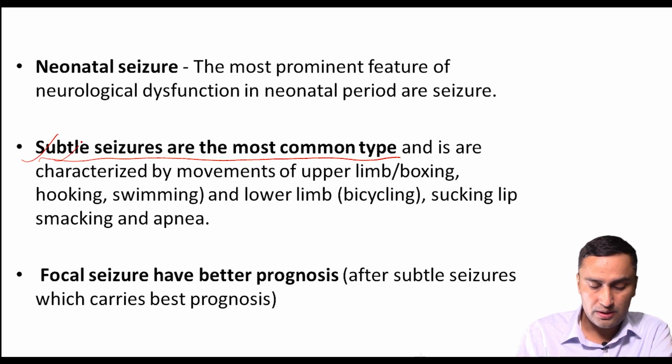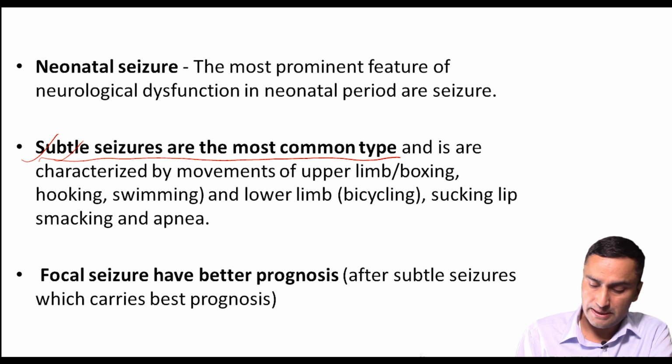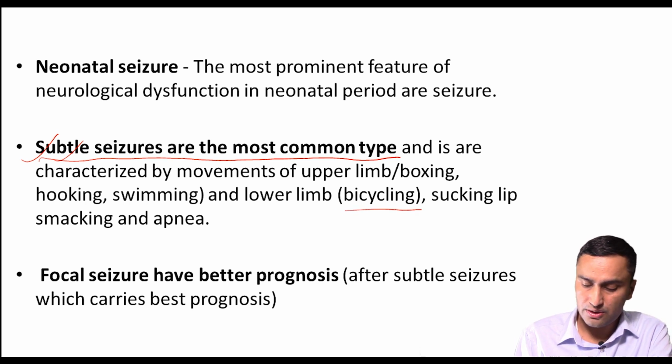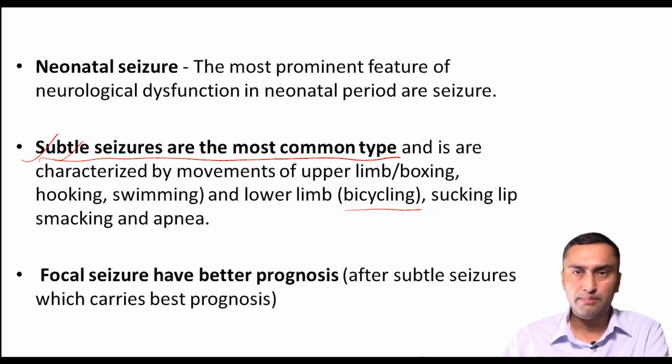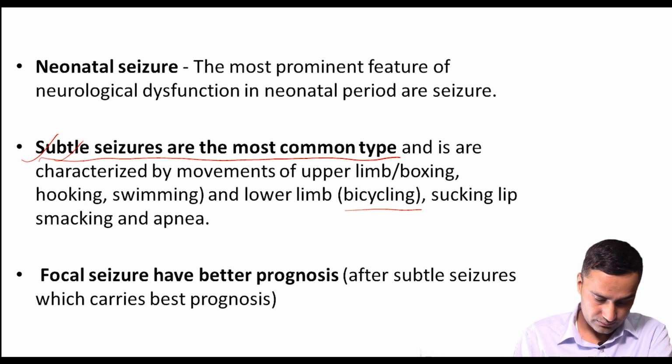Subtle seizure is characterized by movement of the upper lip, boxing, hooking and swimming movements, bicycling movement of the lower limb, sucking of lip, smacking, and apnea. The focal seizure has a better prognosis; after the subtle seizure, the type which carries the best prognosis is focal seizure.